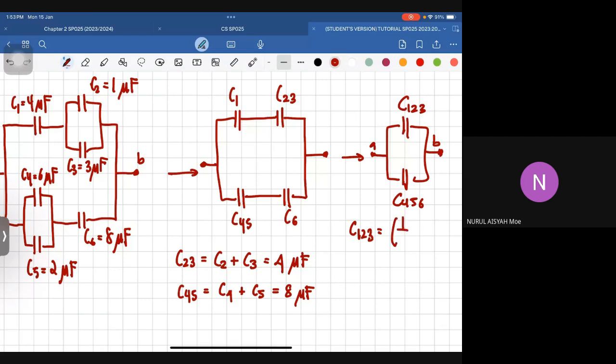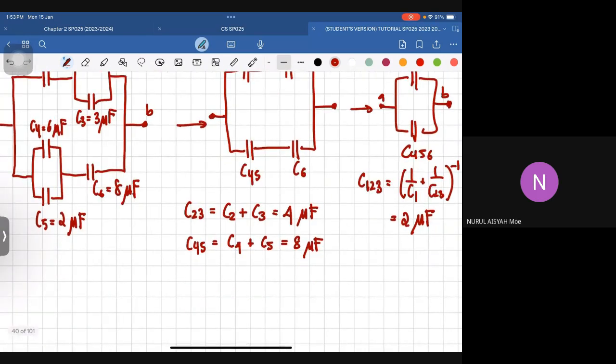So kita guna 1 over C1 plus 1 over C2 3 to the power of negative 1. This is 2 microfarad. And then we have C4 5 6. So 1 over C4 5, 1 over C6 to the power of negative 1. So yang ini kamu akan dapat 4 microfarad.